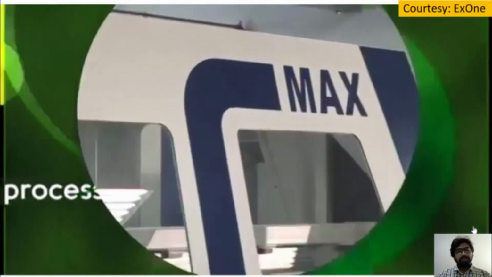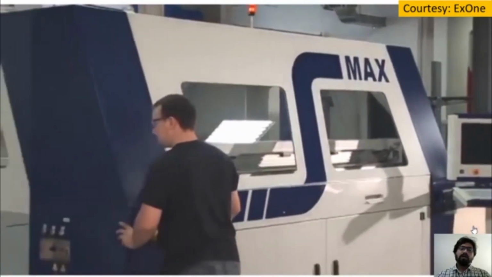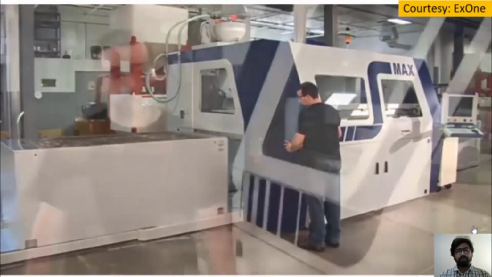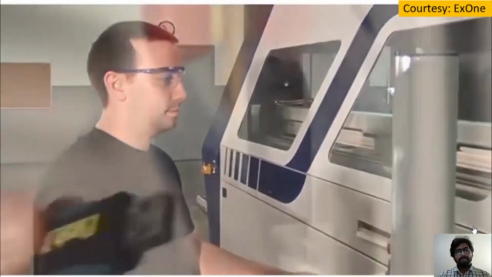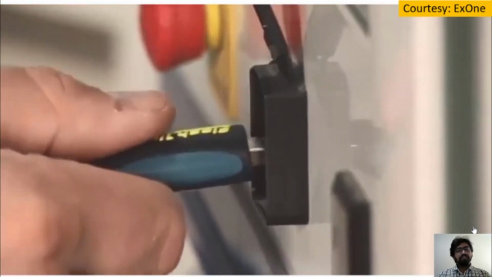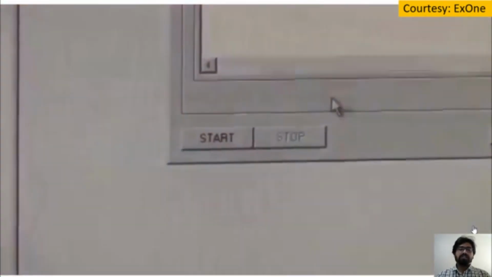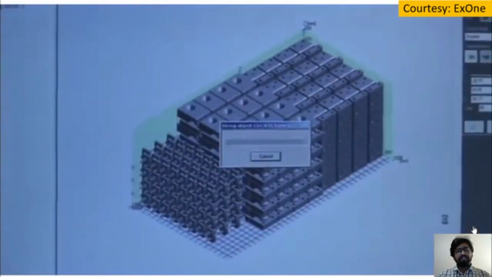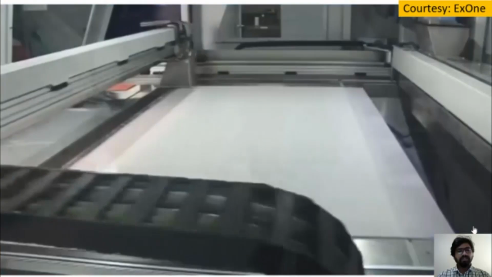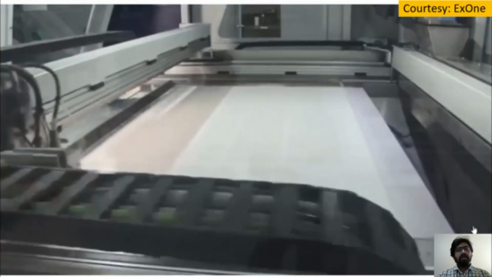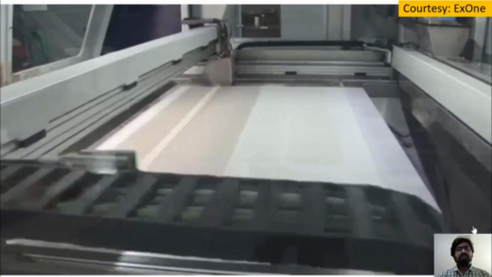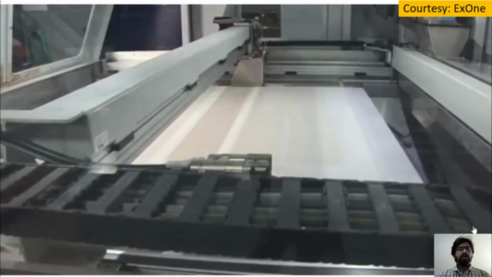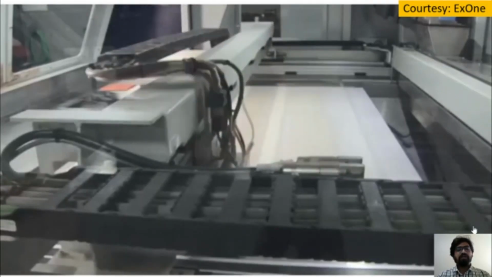Of course, to start the printing process, first of all, the STL file of the parts which are nested properly on the powder bed will be transferred to the machine, and then the machine will generate the data corresponding to the slice of each and every layer and identify the region where the material has to be deposited or not. Then the process will start, and as you can see here, there is a print head which is dispensing the binder from the top into the region wherever it is required.